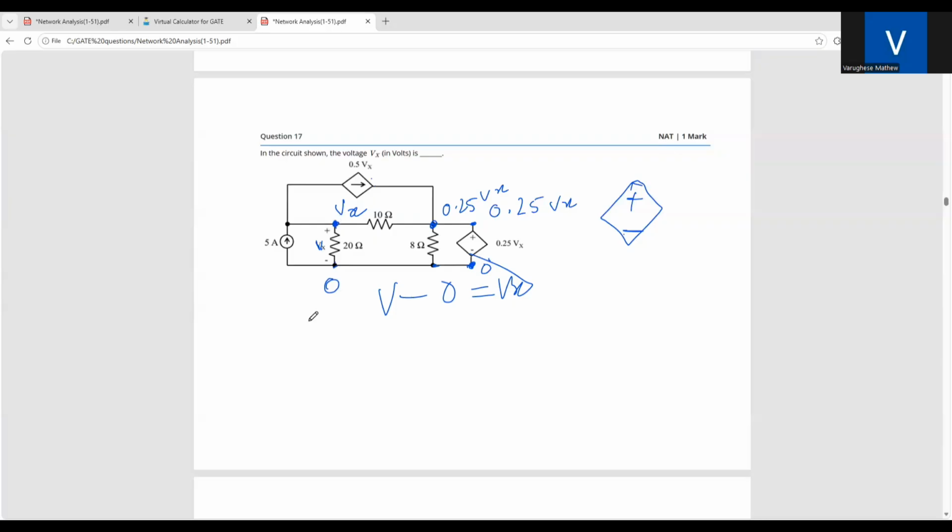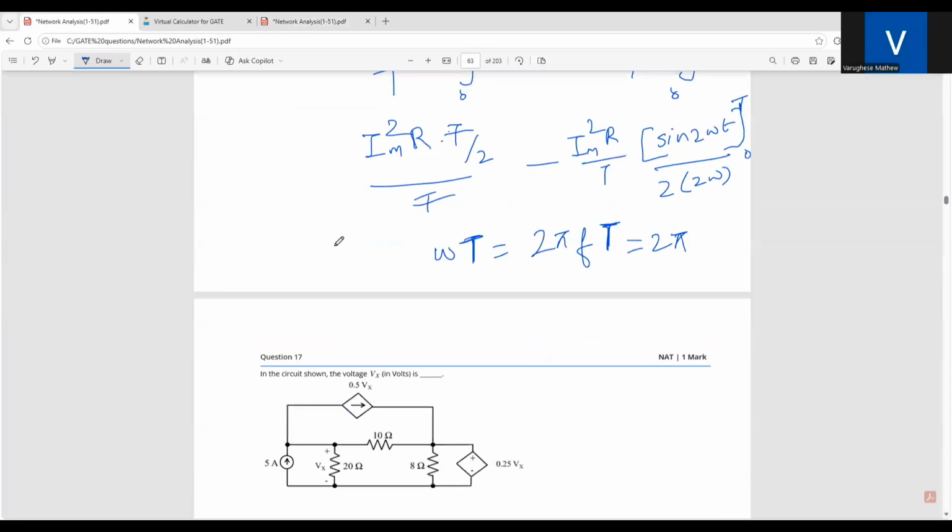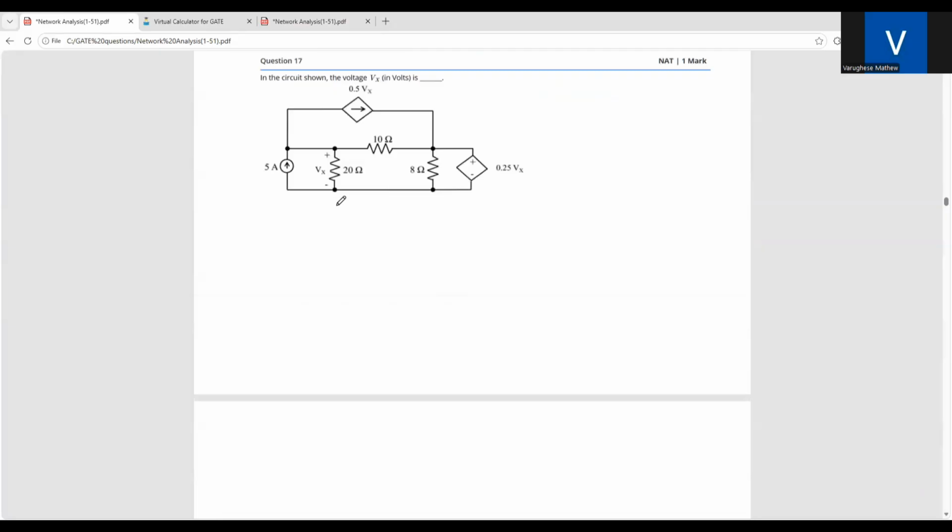Now at this node, you tell me the equation. Sir, I have a doubt. At the 8 ohm resistance, how can the node voltage be 0.25 Vx? Because there is a current source coming in, 0.5 Vx. Wait a minute, I'll draw.